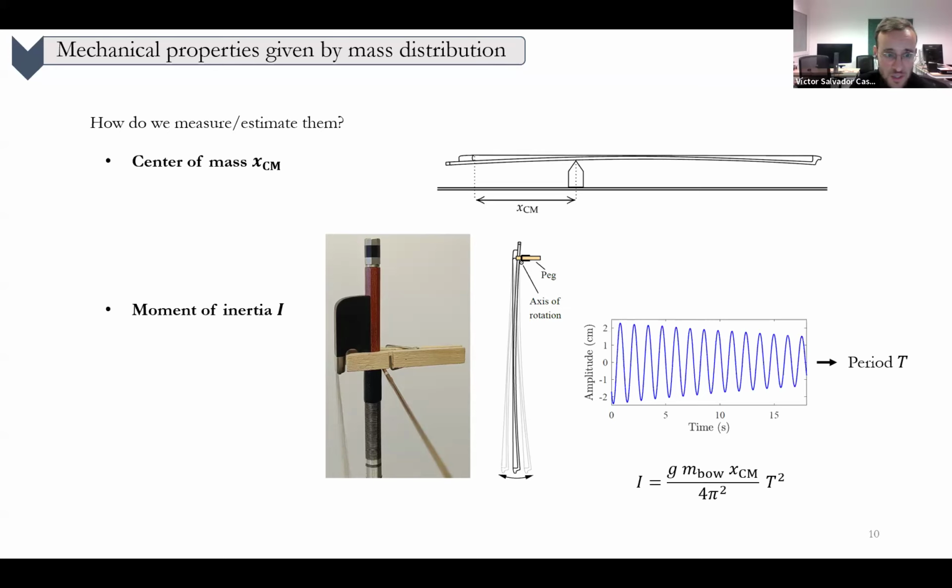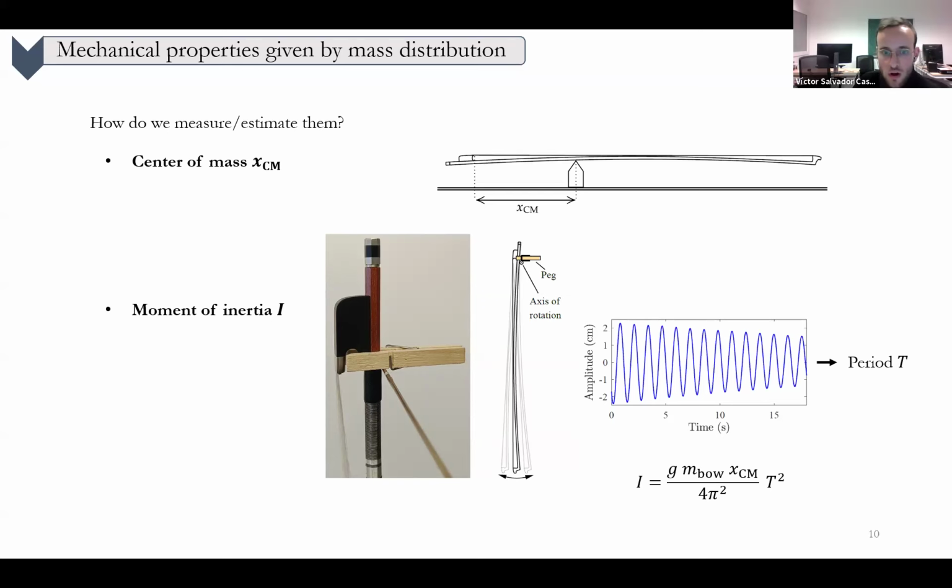So if we simply take a clamp and hold it from this position, the bow will oscillate at a pace inversely related to the moment of inertia. So we can, for example, measure how much time it takes for the bow to make 10 oscillations or so, and then calculate the period. And with this period, we can estimate the moment of inertia about this axis with the formula that I give here.